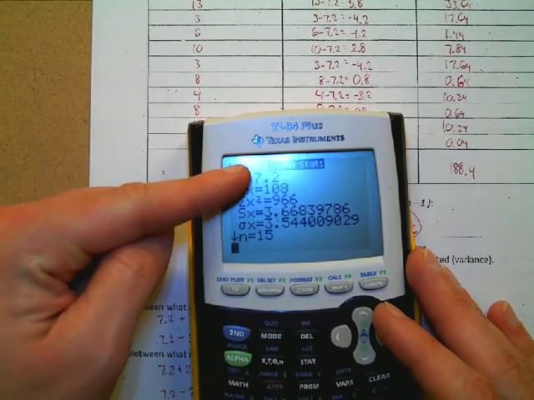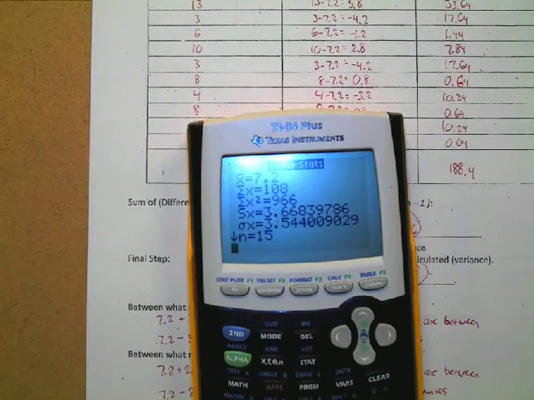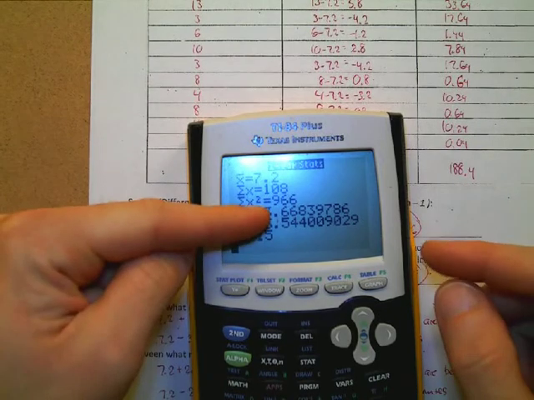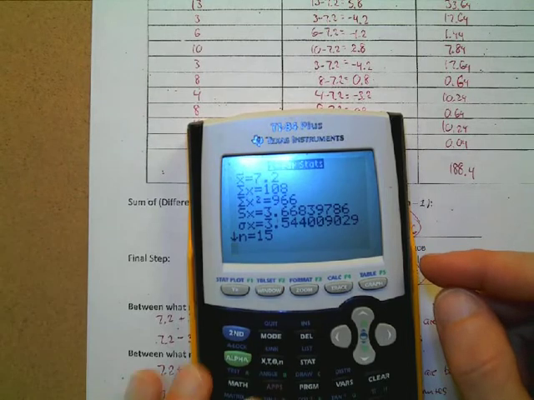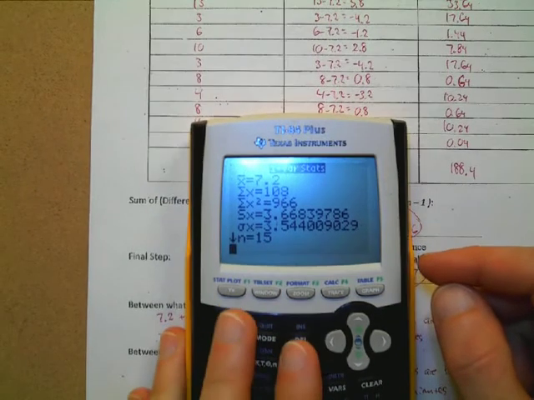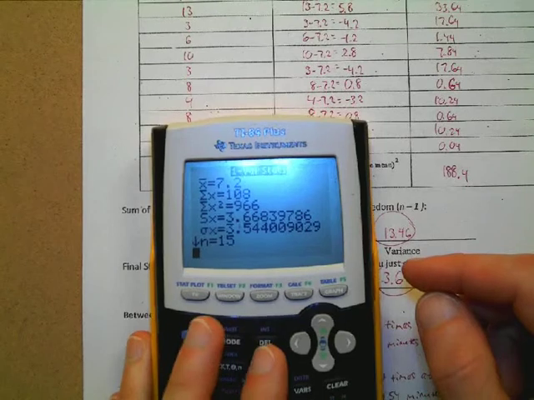If you go 2 standard deviations, twice 3.66 added to and subtracted from the mean, you will get your answer that way too. So that's your standard deviation right there.